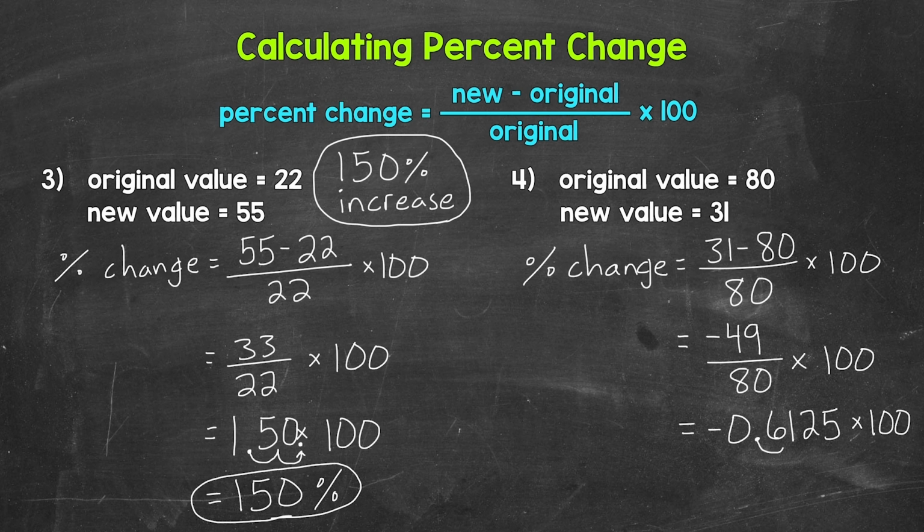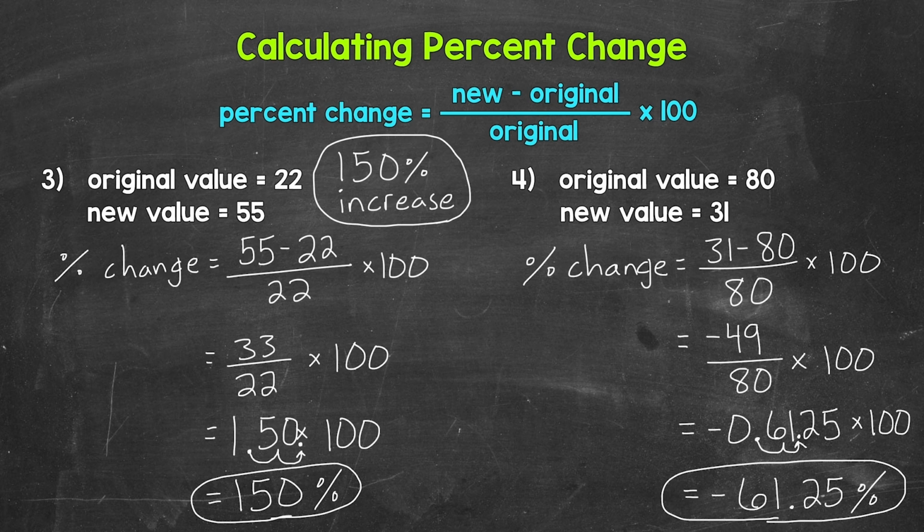So let's move the decimal once, twice to the right, and that's going to give us negative 61.25%. And that negative percent tells us that we have a decrease. So for number 4, we had a 61.25% decrease.